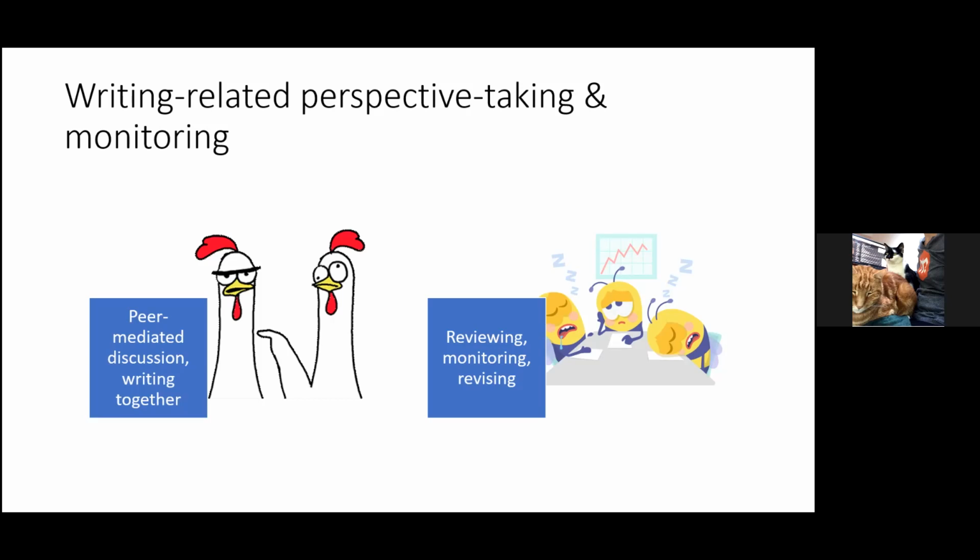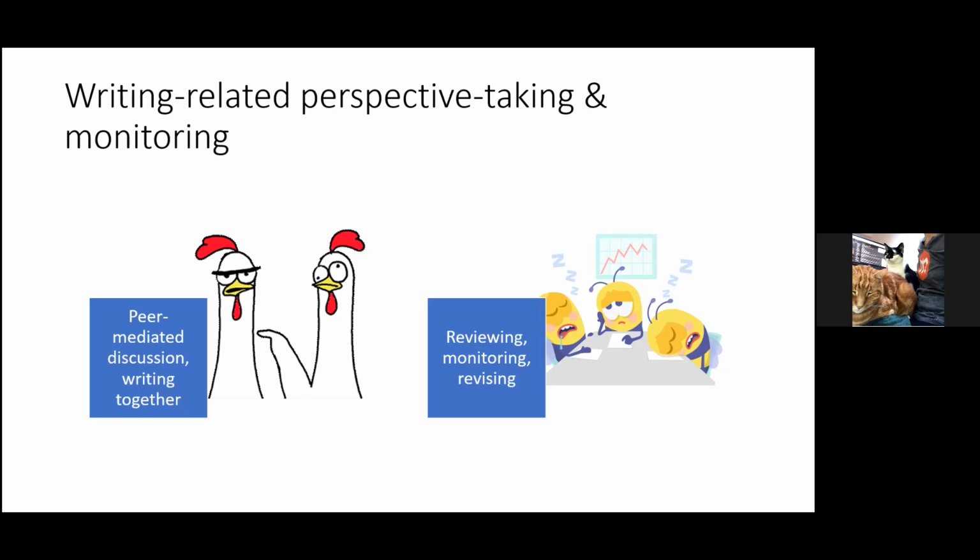I would imagine peer mediated discussion. We have really great effect sizes for any type of intervention that includes discussion with peers. We also have some good data on students writing together, creating a story together.